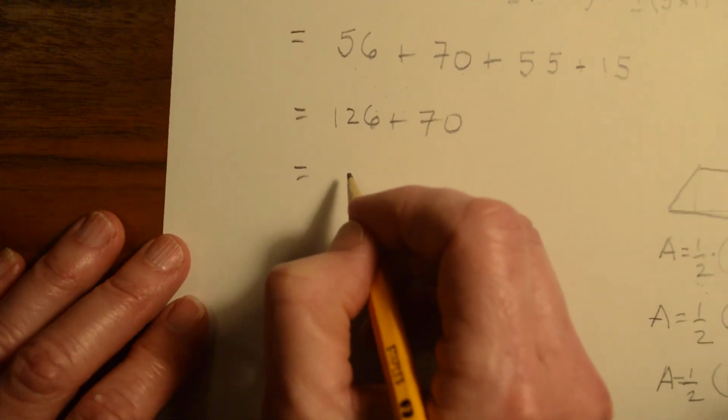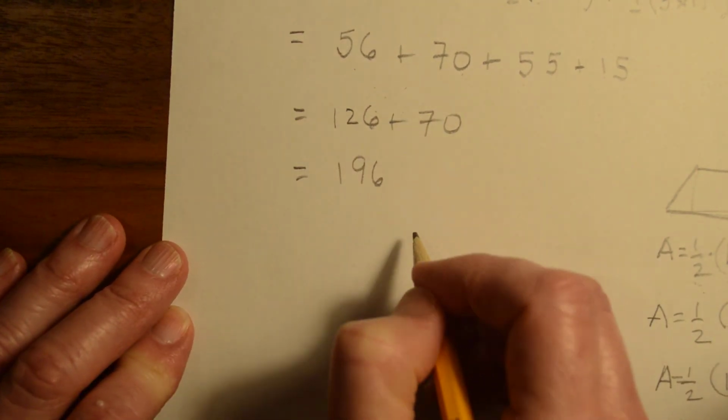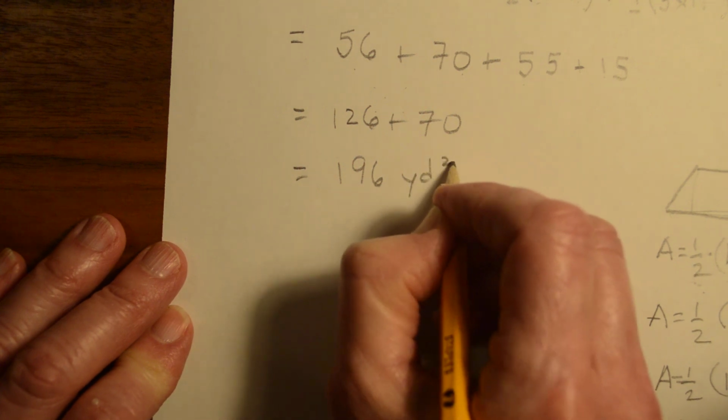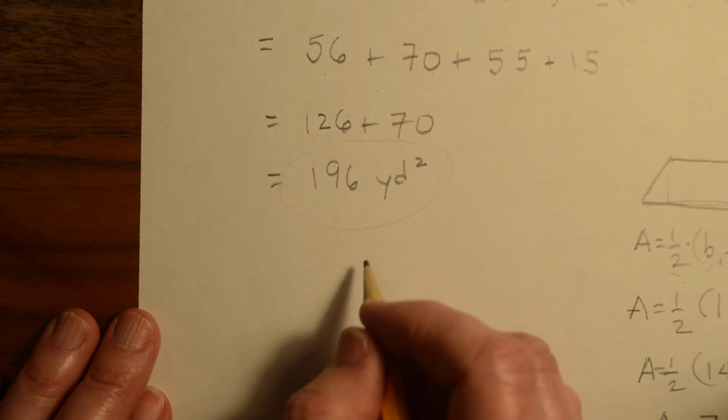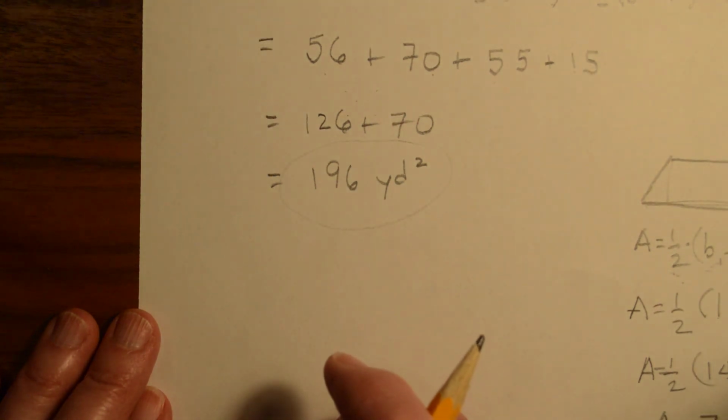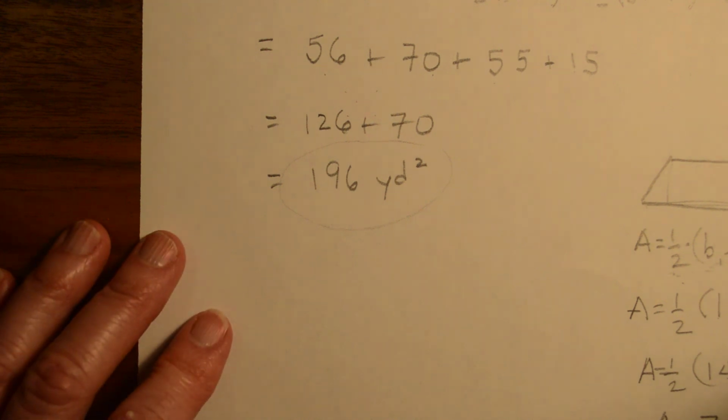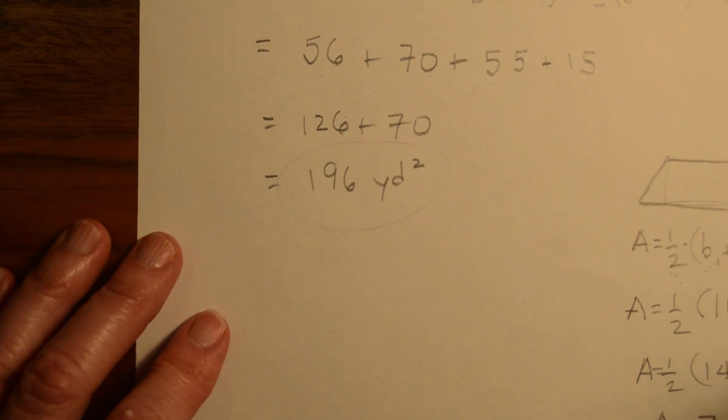And so we get an area of 196 yards squared. So there's no need to round this to the nearest hundredth because it's a nice whole number. Okay, hopefully that one seemed easier than the last, and then we'll get ready to do number 6.